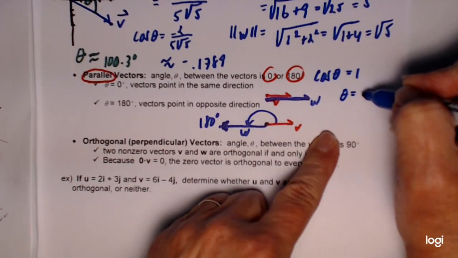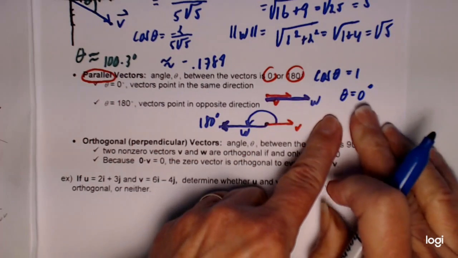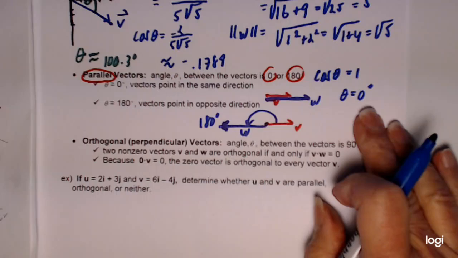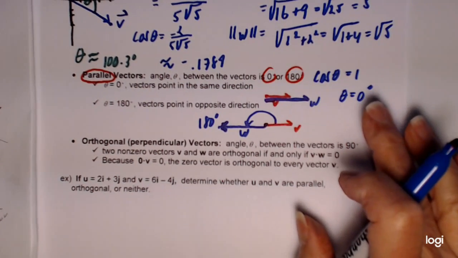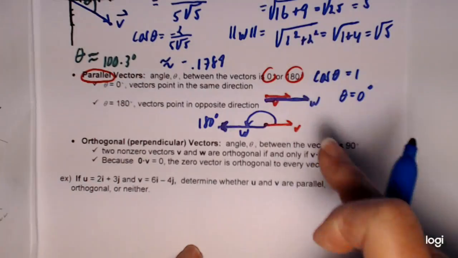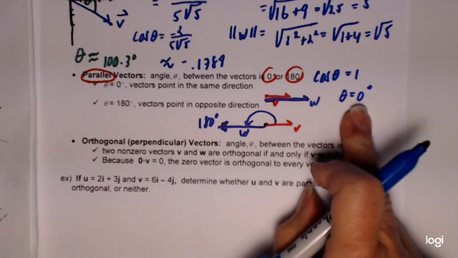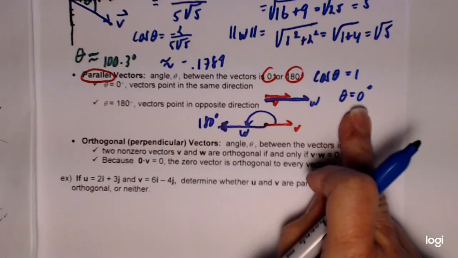So in this case, theta is 0 degrees. We also know that we can get it at 360, but we're going to be just looking at 0. We're not going to consider 360 degrees. That just says you made a complete cycle to get back there. For our purposes, we don't need to be more complicated. So we're just going to use the 0 degrees.